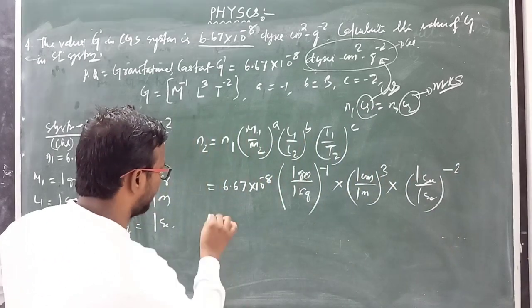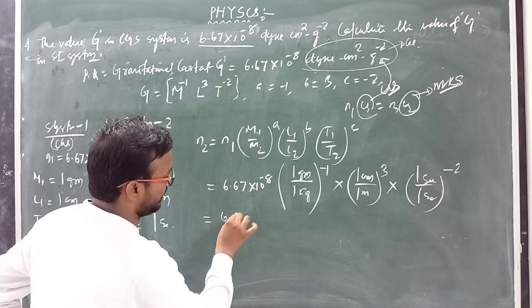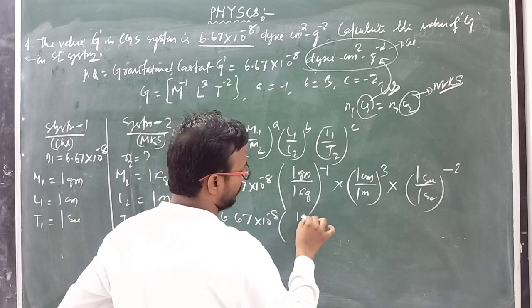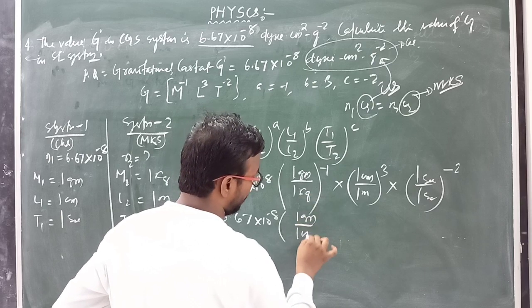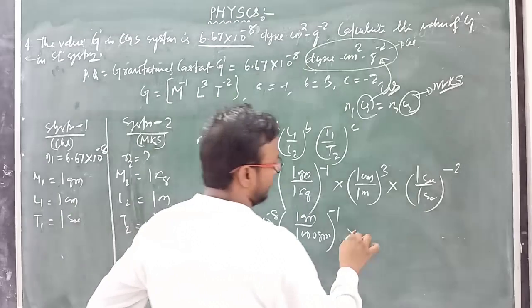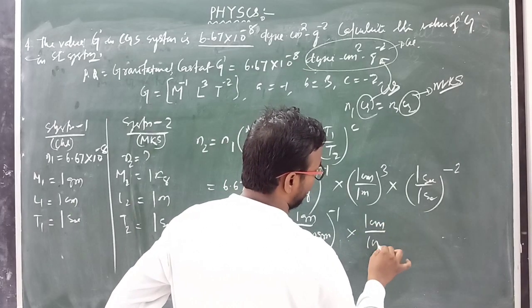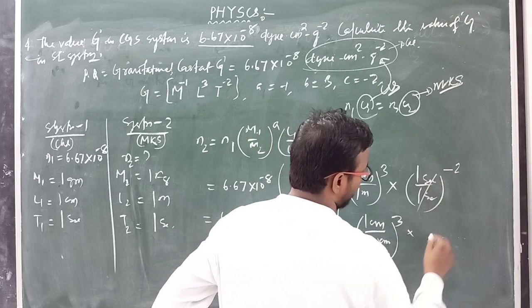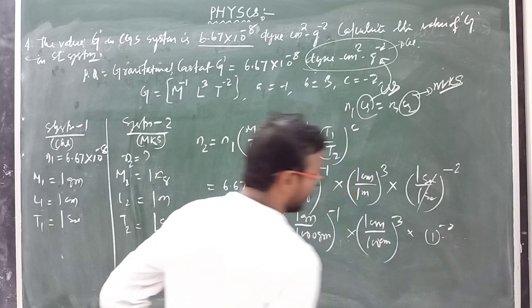Clear? Now solve this relation. So we get 6.67 into 10 to the power minus 8, 1 gram, then 1 kg which is equal to 1000 gram, to the power minus 1, and again 1 centimeter divided by 100 centimeter, to the power 3, and 1 second cancels, to the power minus 2. Clear?